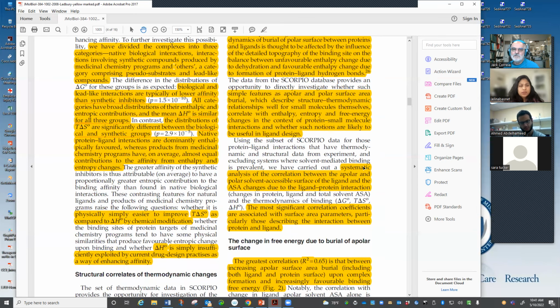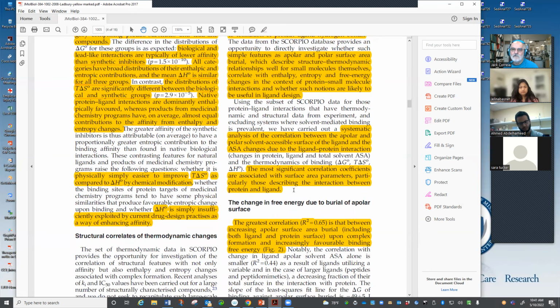So they then do a systematic analysis of correlation between apolar and polar surface areas, what gets buried, on the ligand, the polar solvent accessible surface of the ligand, and the accessible surface area changes due to ligand-protein interactions.